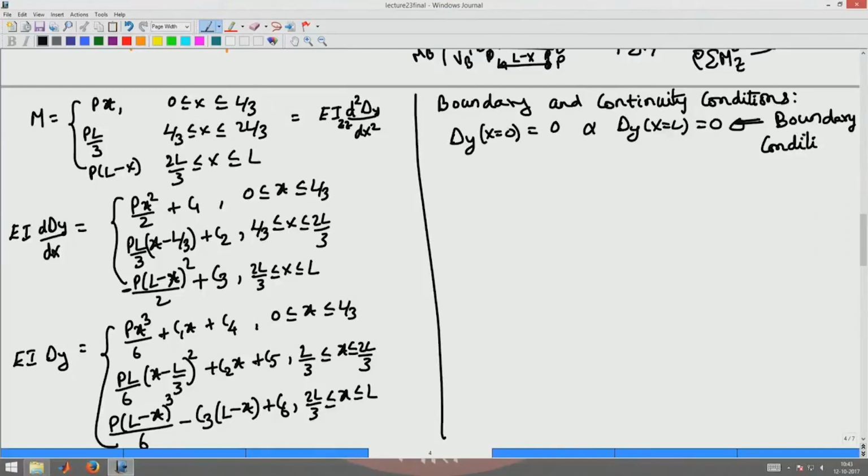Now, coming to continuity conditions, I need a second derivative to exist, which means up to the first derivative there should be a continuous function at least.